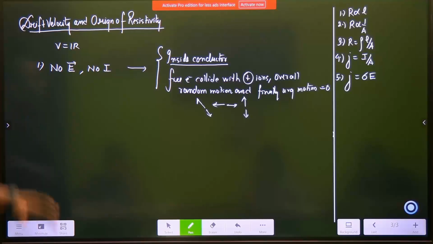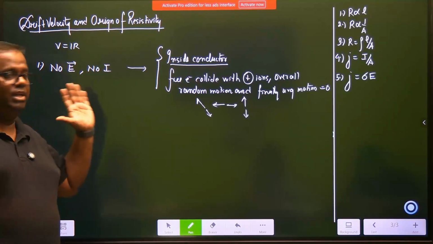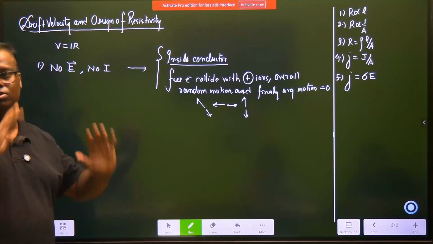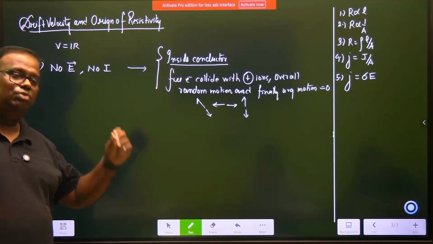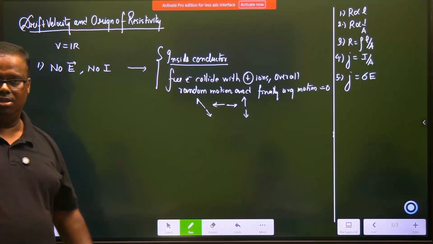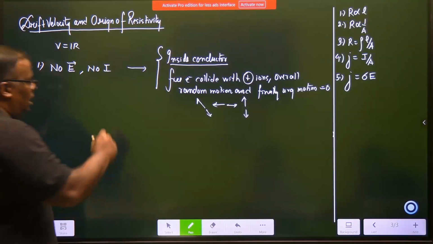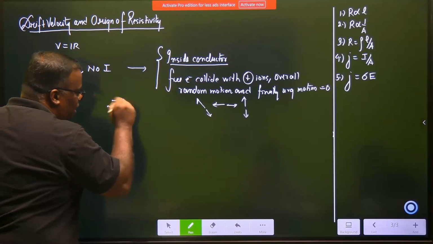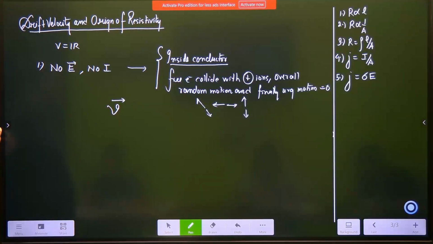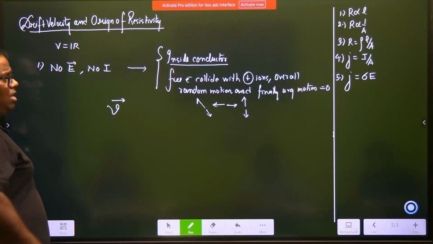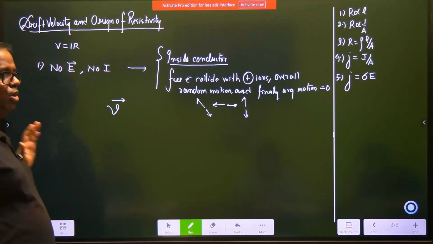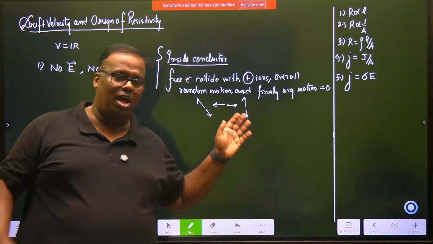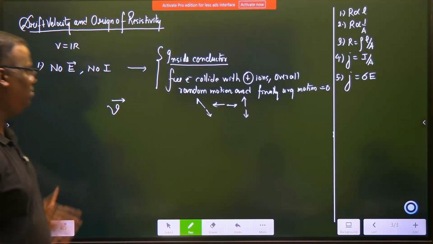Now tell me, children, I said no current. If you want to have current, don't you think electrons should move? If the electrons should move, they should have some sort of a velocity. So let the velocity of the electrons be a vector V, and it is zero. Zero means what? After all, the average velocity is zero. He moved this way, I moved this way. So how do you write it mathematically?